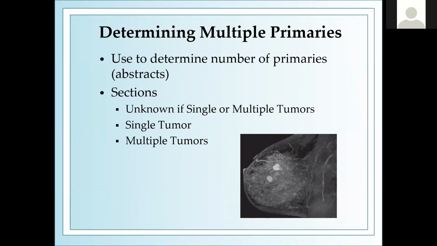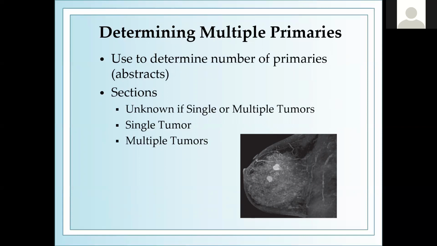As I stated a moment ago, the multiple primary rules determine the number of primaries or the number of abstracts that you must complete. For all the site group modules, for the multiple primary rules, there are 3 sections.